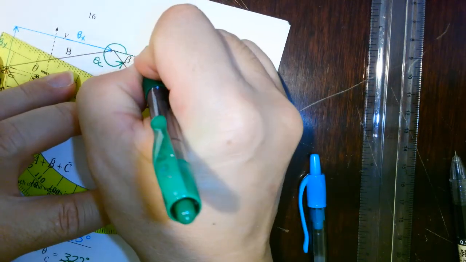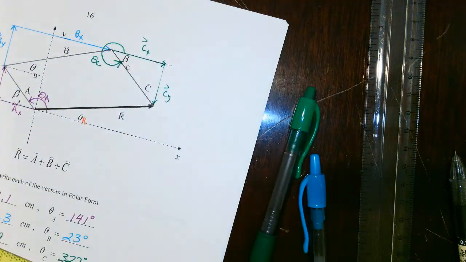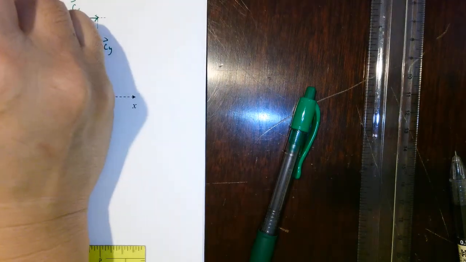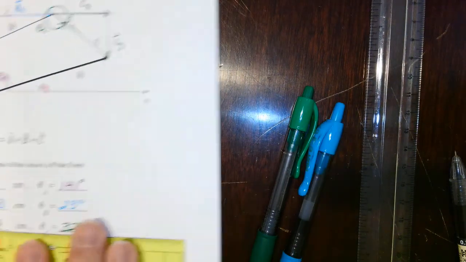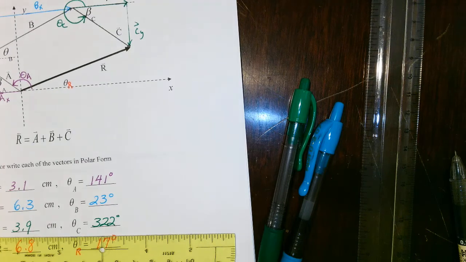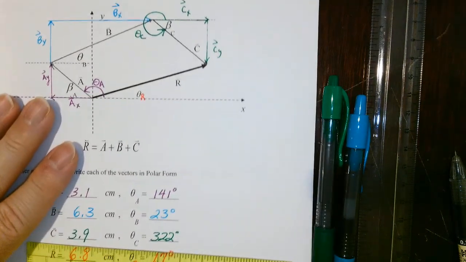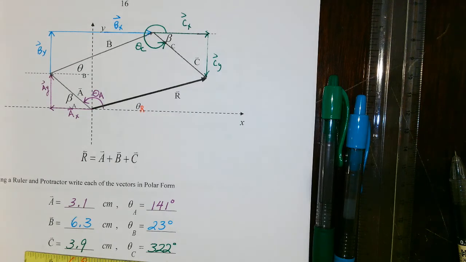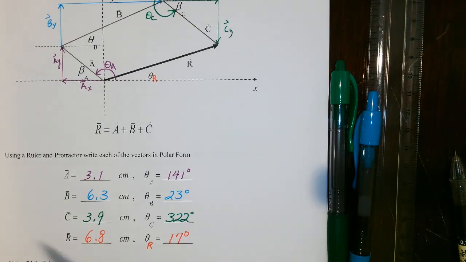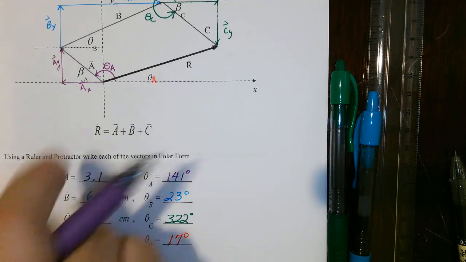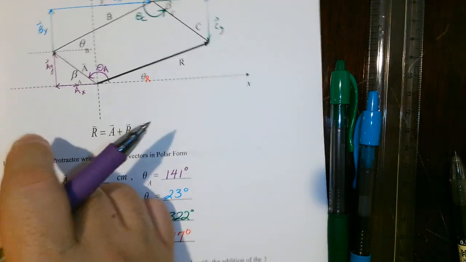Right, CX. So let's find these components. I'll give you maybe 4 minutes, maybe 6 minutes. All right, so let's see if you can do that. I'll pause the recording. So let's start with vector A, and let's find the components of AX and AY.